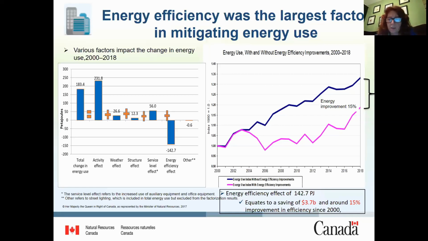So we adjust the numbers. We also take into consideration the service level effect and other effects. Our calculations show the energy efficiency effect, which means that resulting from energy efficiency measures, energy is used 15% more efficiently in this sector.